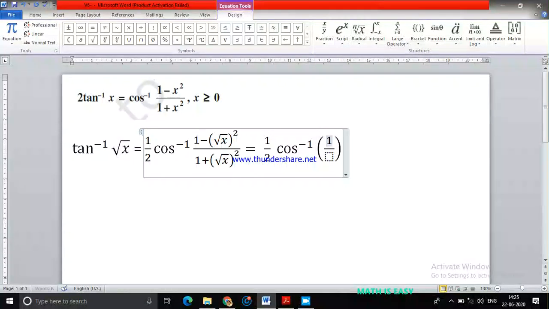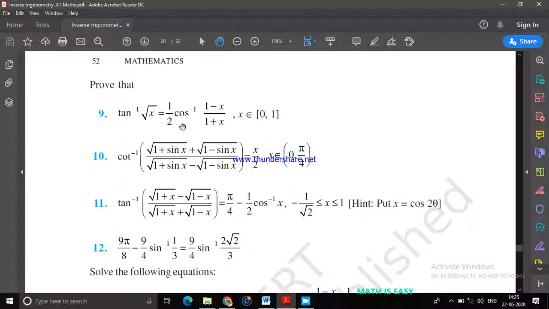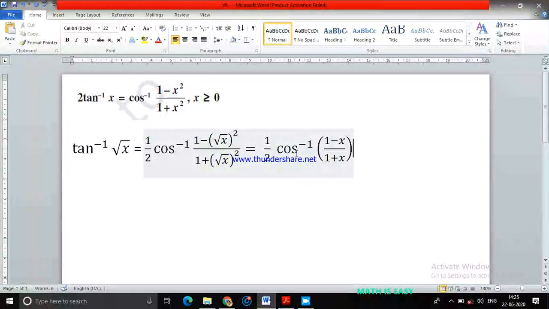Look here, 1 minus root x whole square is nothing but x, and the denominator 1 plus root x whole square will be x. That's what you have to prove: 1 by 2 cos inverse (1 minus x by 1 plus x). So hence you got it. Question number 9 is done.